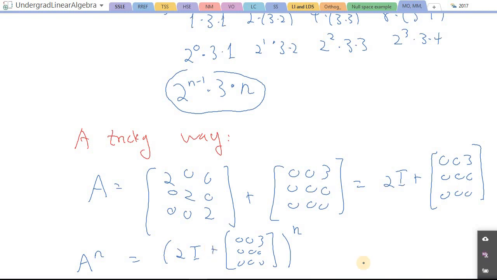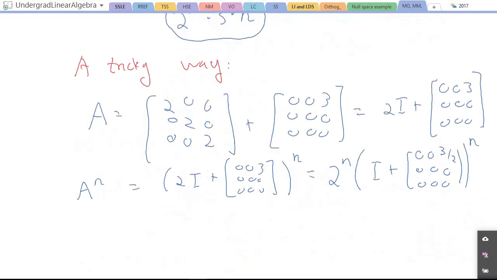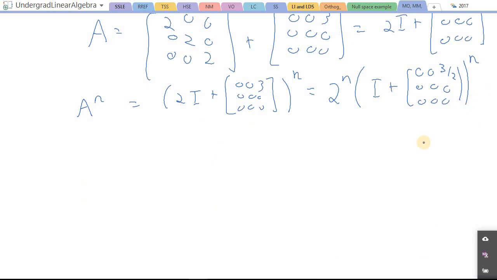Now I can pull out a 2, and that's the same as 2 to the n times I, the identity matrix, plus the matrix with 3 halves, to the nth power. Now let me call this little matrix here A.